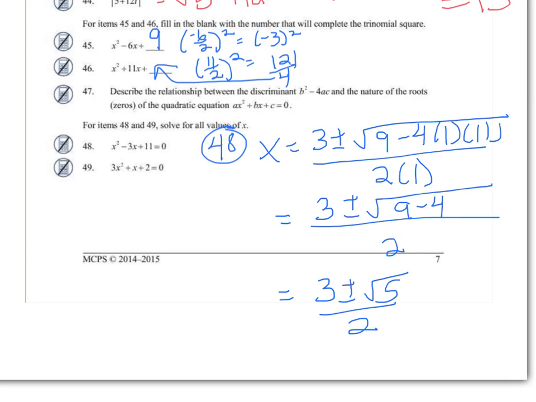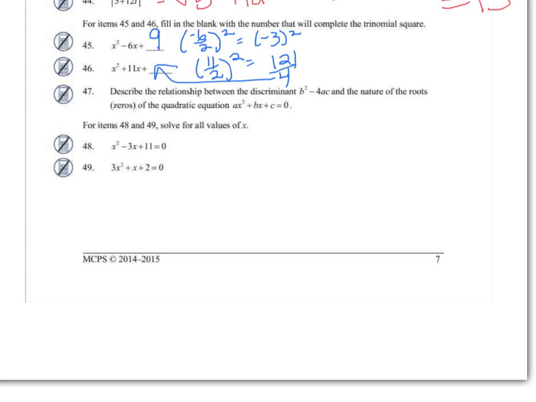And now for 49, I'm going to check to see if it factors. So I have to potentially split the middle. 3 times 2 is 6. So what multiplies to positive 6 that adds to positive 1? Nothing. If it was a combination of negatives, then it would potentially factor. But this is not going to factor. So instead, I'm not going to complete the square because a is not 1.